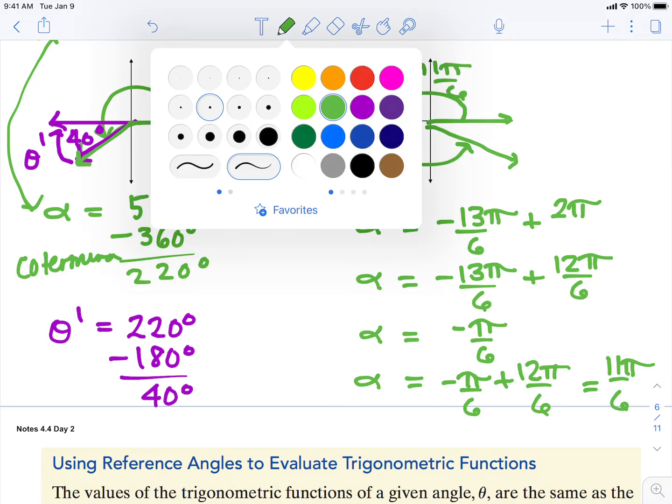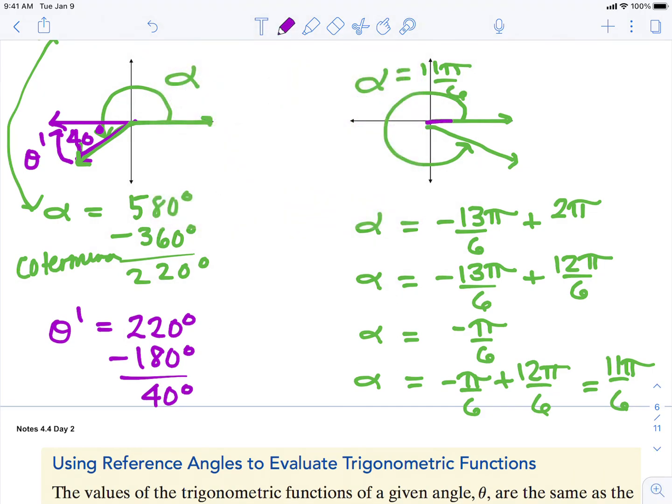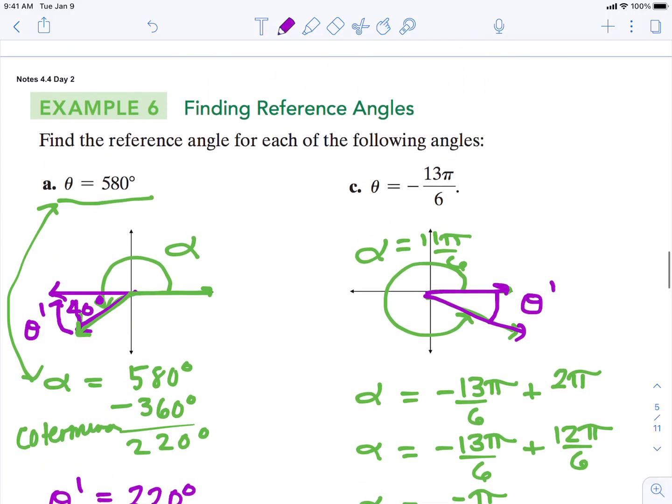Now we're ready to go ahead and find our reference angle. We want to find out what is that distance right there in the purple. How we do that: the full revolution is 2 pi, and we want to subtract out the green.